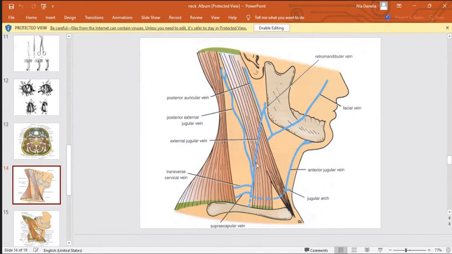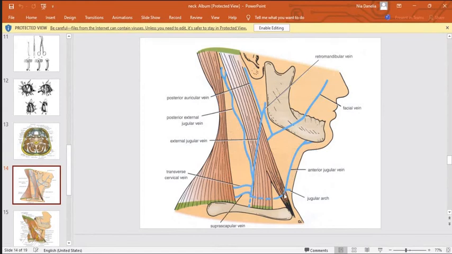The external jugular vein is formed at the angle of the mandible by the union of the retromandibular vein and posterior auricular vein. Obliquely it crosses anteriorly the sternocleidomastoideus muscle, and then it drains into the subclavian vein.